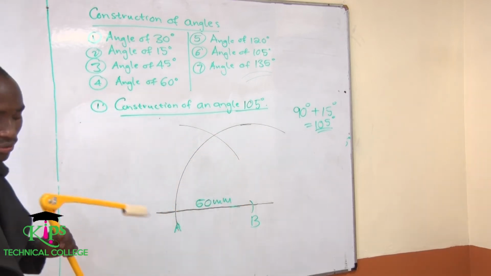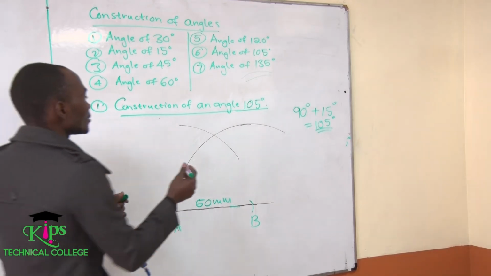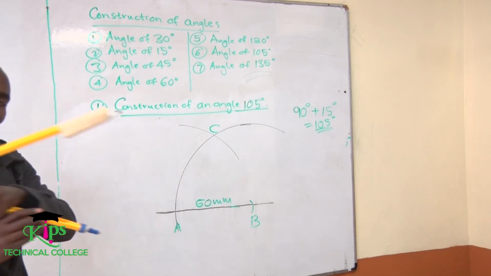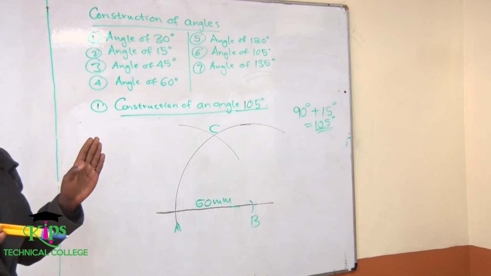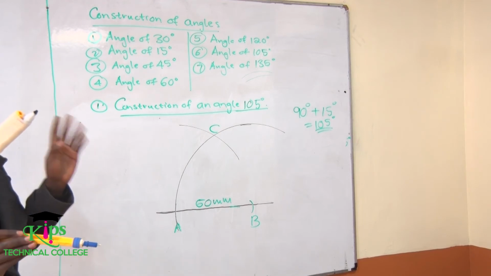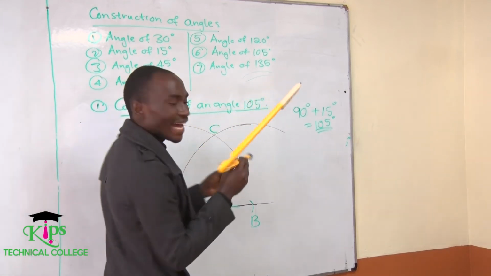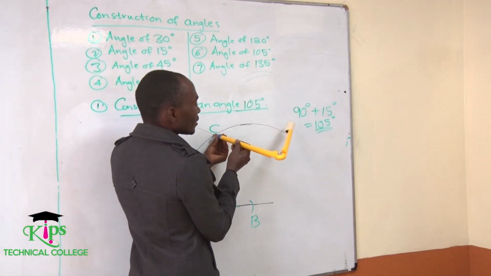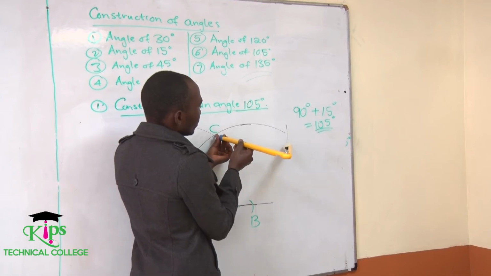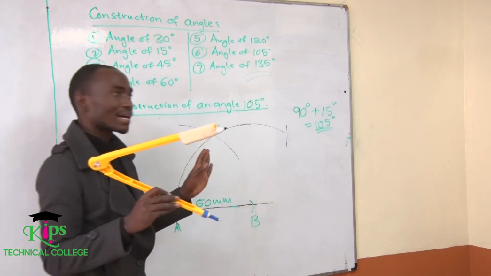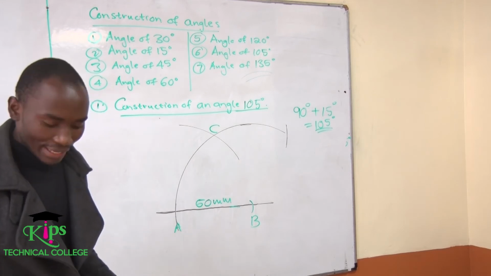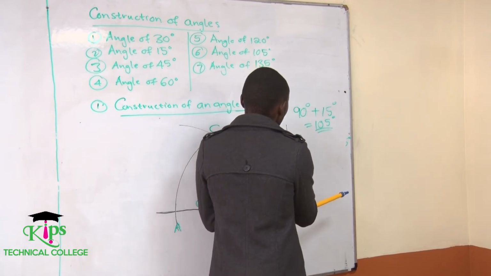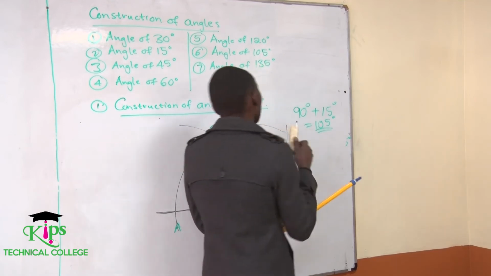Where those two arcs intersect, let me call it point C. Then again, using the same measurement, you stand at C and make an arc. So this is my mark.